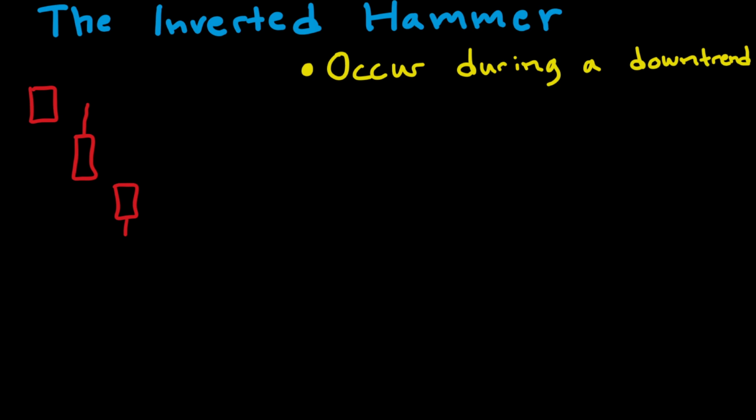And the actual pattern here has a pretty small real body, but it has a long upper shadow. So it looks something like this. You can probably see why it's called an inverted hammer. It looks like a hammer pattern, but upside down.